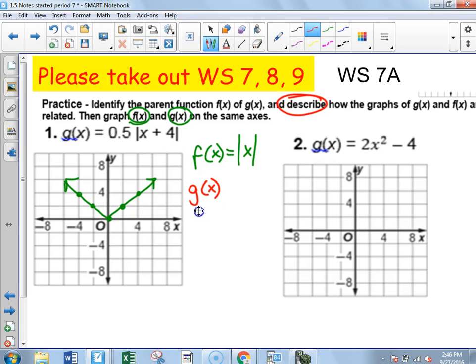Right. It is a horizontal shift of left 4. If you just wrote shift left 4, I would be okay with that. I am not picky about the horizontal vertical thing, okay? But it is left 4, which is horizontally. And what else happened?